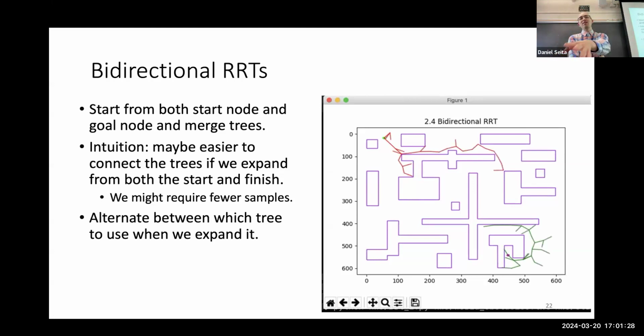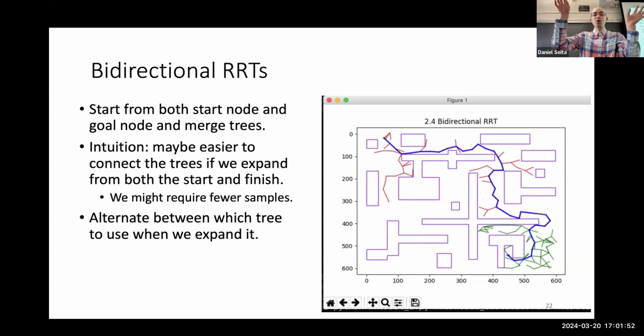And at some point, it'll connect. It's again a sampling-based algorithm, so sometimes it's not going to grow. It'll grow in many different directions, and then it found a solution.